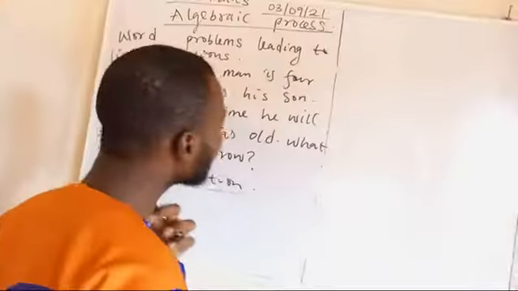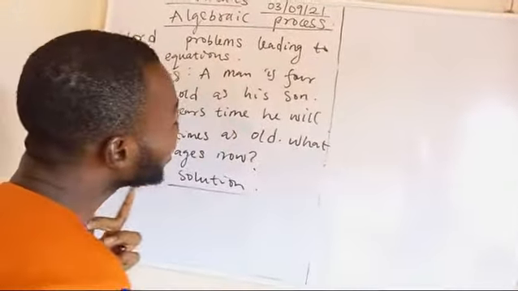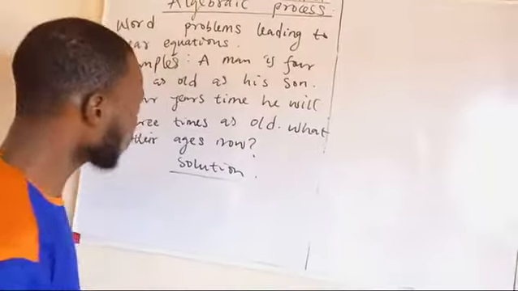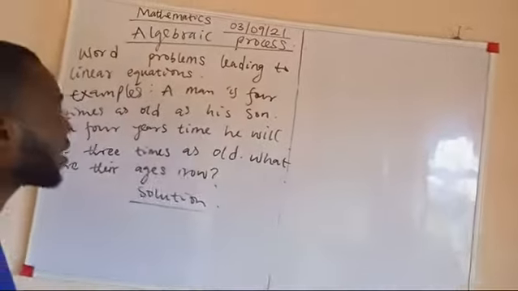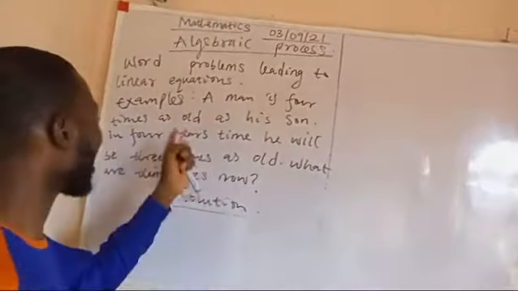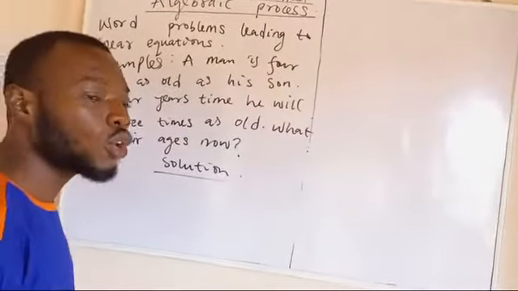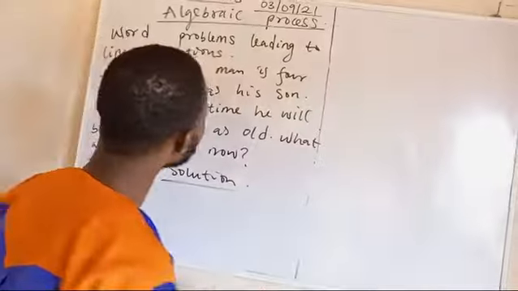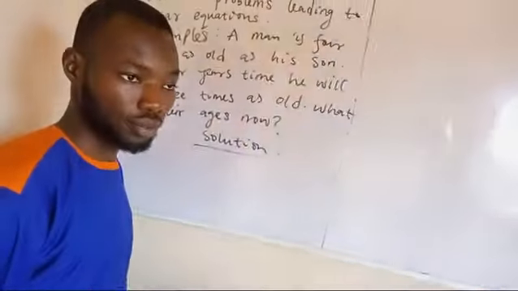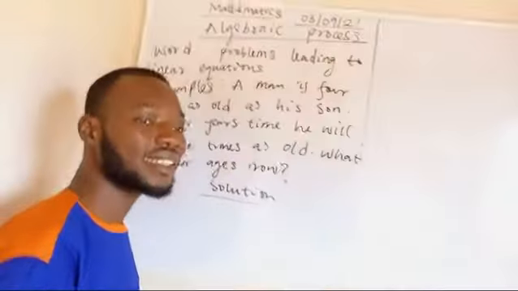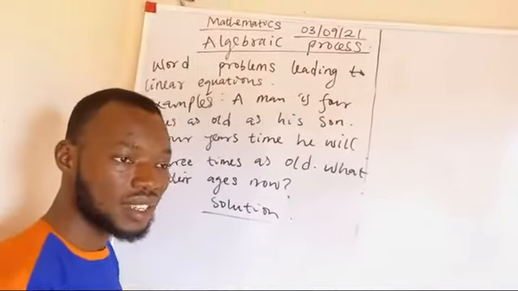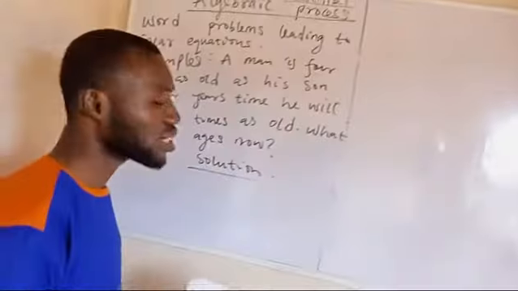So what we are going to do is translate this statement into a mathematical form. The statement goes like this: a man is 4 times as old as his son. We don't know the age of the son, so we can take any letter to represent the son's age.